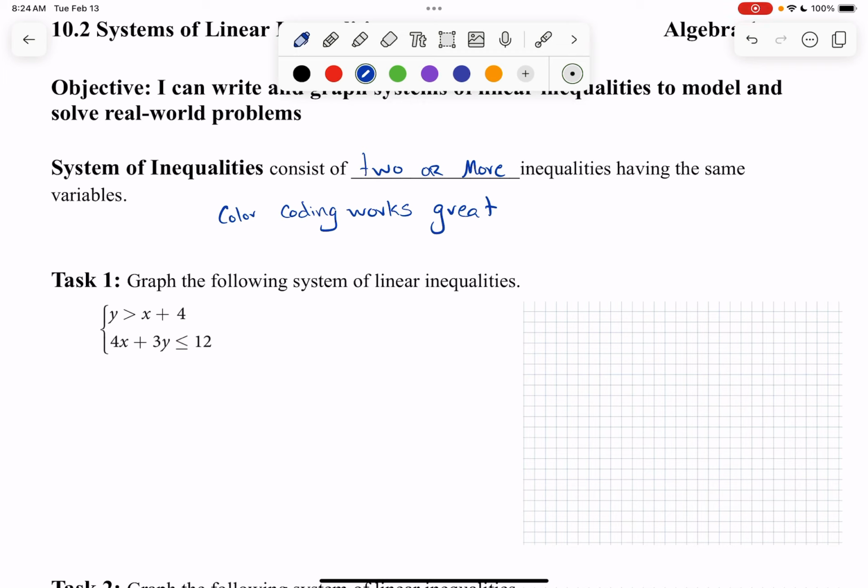Okay. All right, so here we're going to graph the system of linear inequalities. So first I just need to graph them both. This is basically what we did in the last section. So here I'm going to graph this first one in blue. My boundary line is y equals x plus 4, so it's going to have a y-intercept of 4.